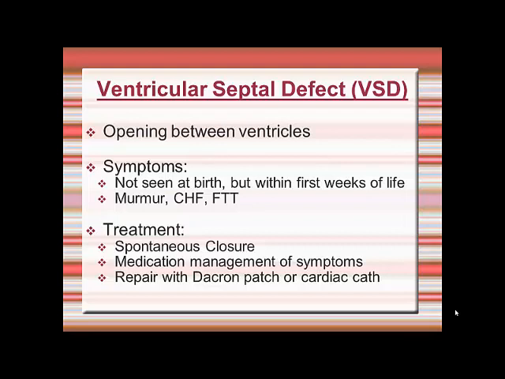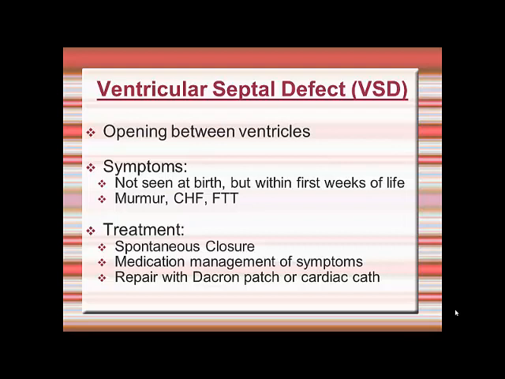I did refer to this already, but the symptoms do vary with the size. The clinical symptoms are essentially the same as the ASD. If the aortic valve is involved, surgery is indicated.